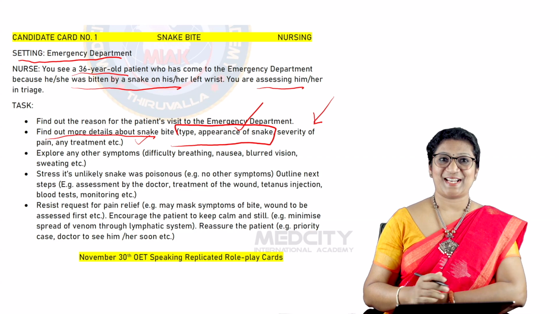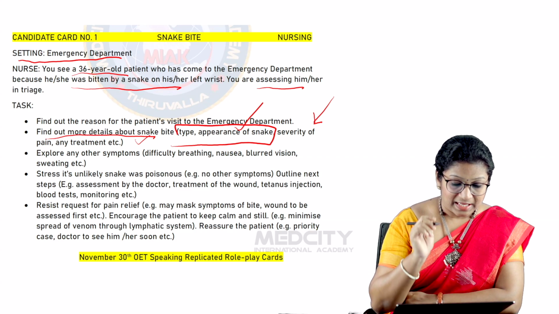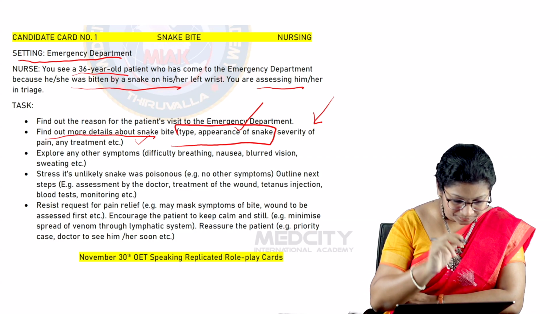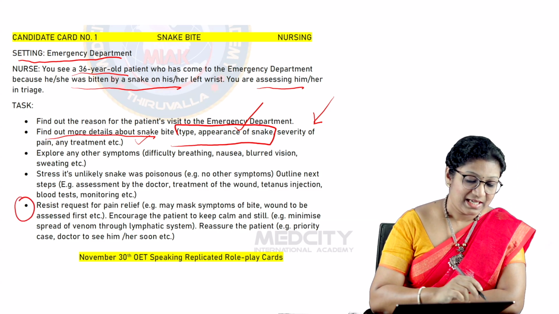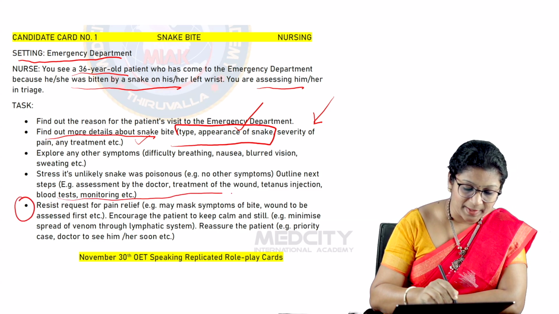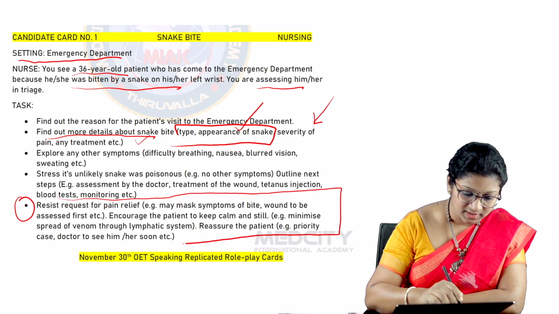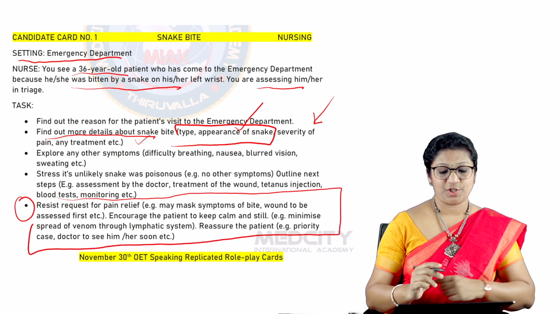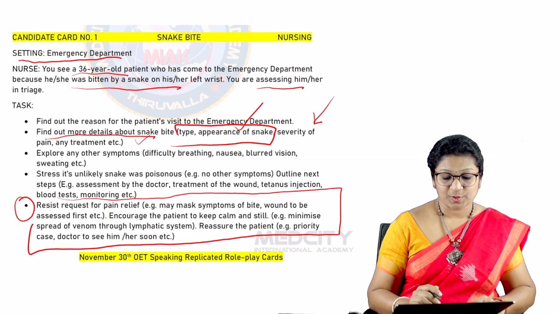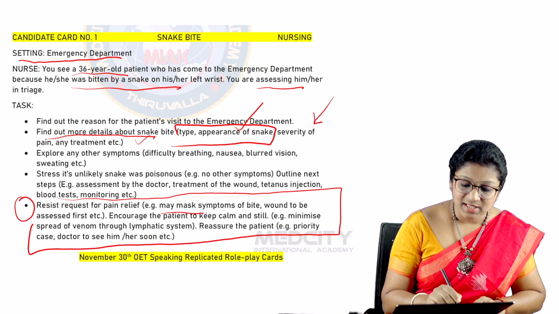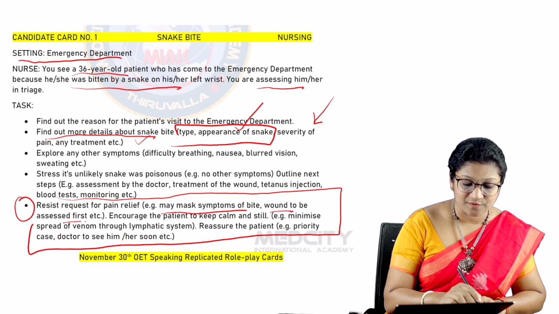Now, here is a challenge for all of you. Let's choose this one, the last task, which says resist request for pain relief, encourage the patient to keep calm and still, that is minimize spread of venom through lymphatic system, and may mask symptoms of bite wound to be assessed first.